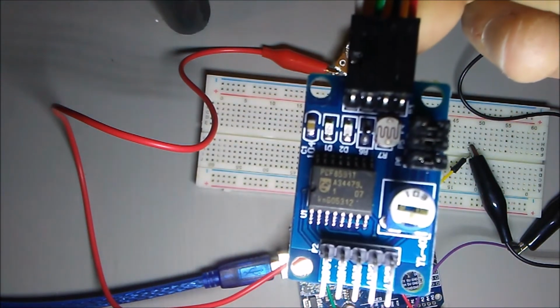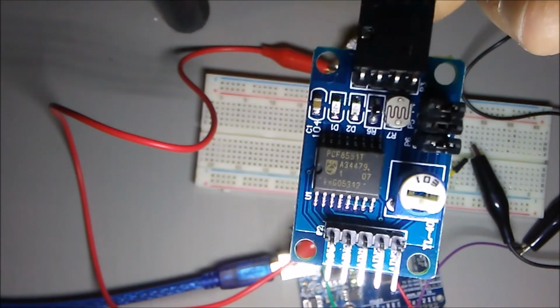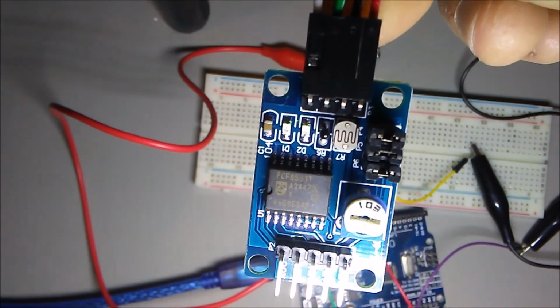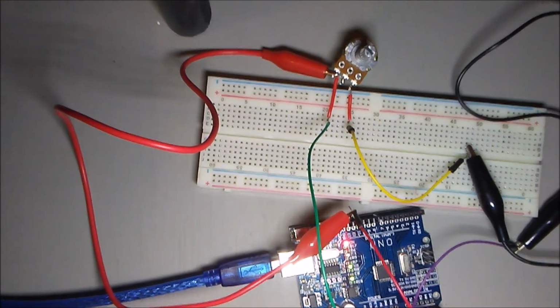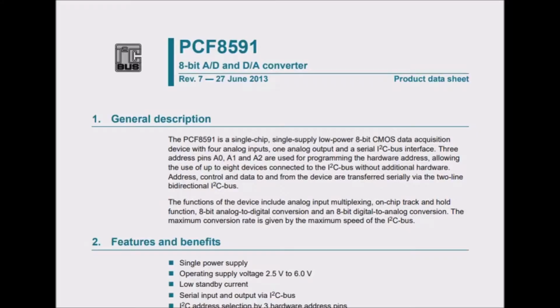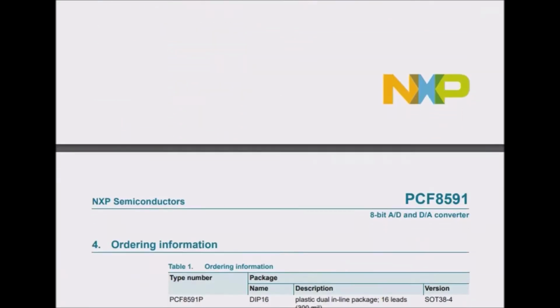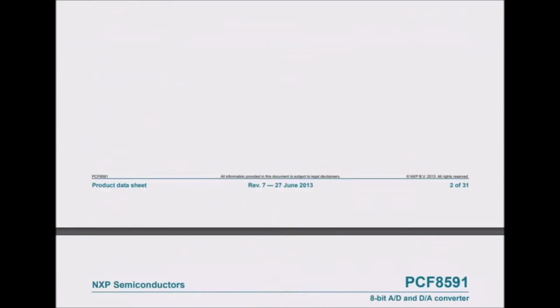You may be wondering why I am experimenting with the PCF8591. My reason is that the PCF8591 has both an analog to digital converter, ADC, and a digital to analog converter, DAC. It is the DAC that I am most interested in.